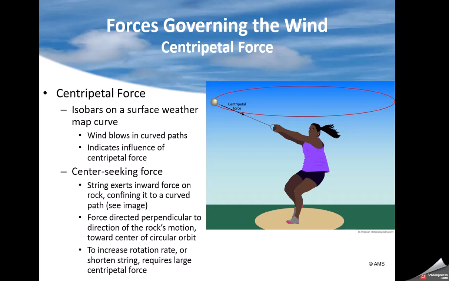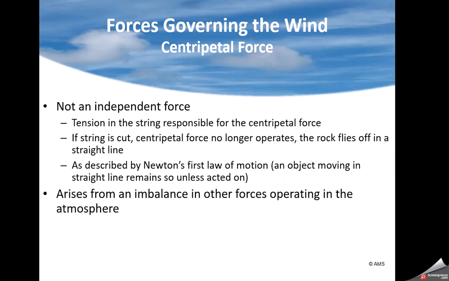The stronger the wind is, the more power you can get to the centripetal force, actually. But it is just like a string holding, as it shows you here, a ball running around in a circle. However, it's not independent.